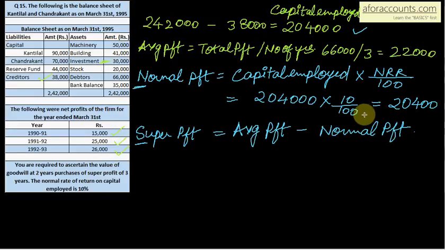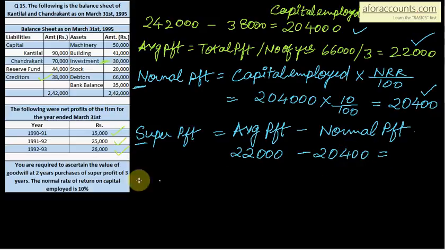You have just calculated your average profit, that is 22,000. So 22,000 minus normal profit 20,400. So that gives you your super profit, 1,600.